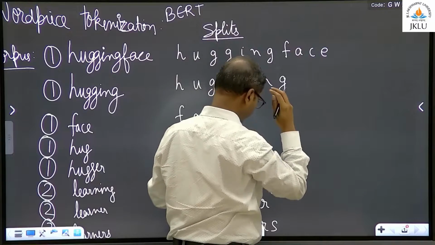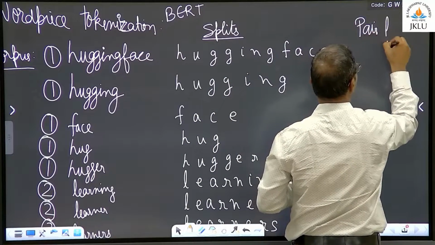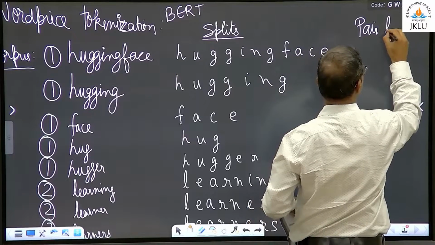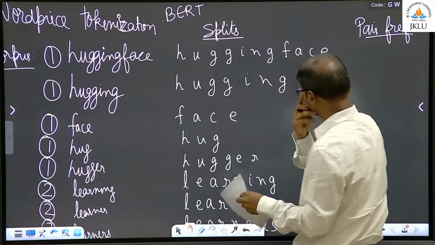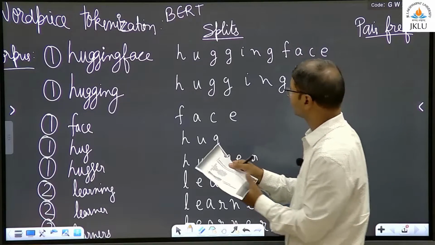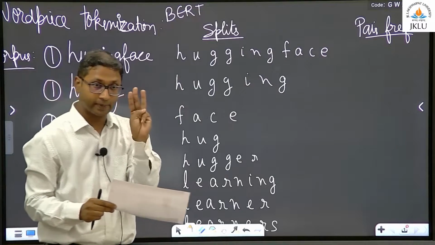This is my splits, and these are my pair frequencies. So we need to compute pair frequencies now. Just pairs, we are not going until 3 bytes.